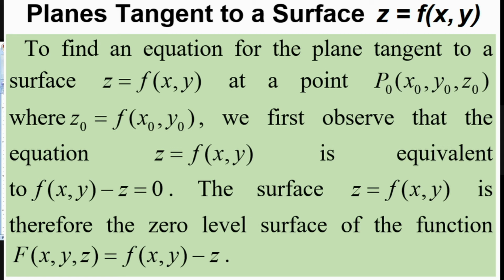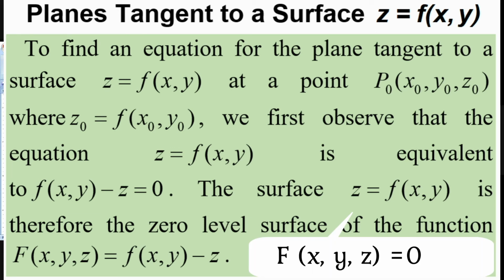So, if we consider a function capital F of x, y, z equal to f of x, y minus z, then our surface z equal to f of x, y is the zero level surface of the function.